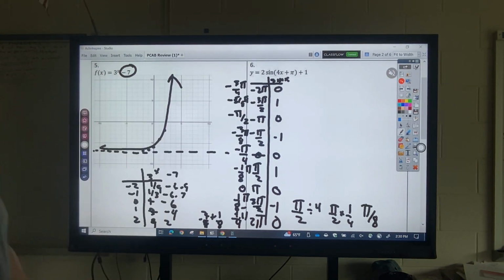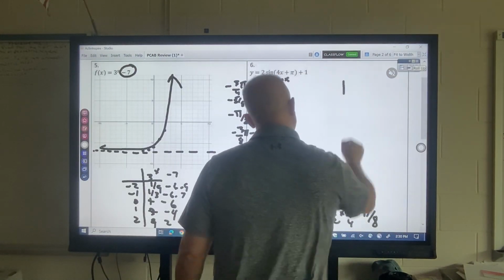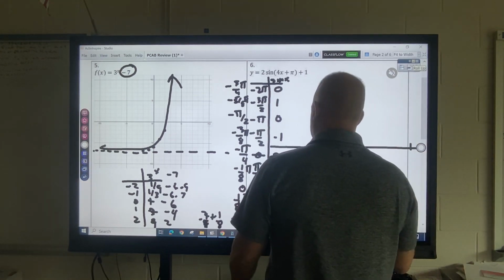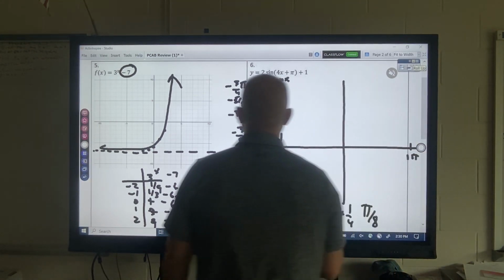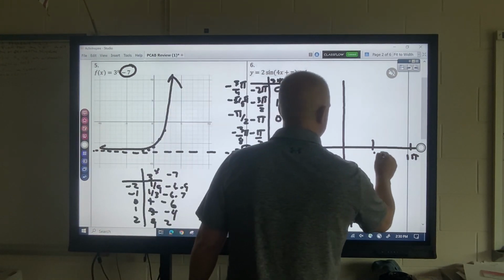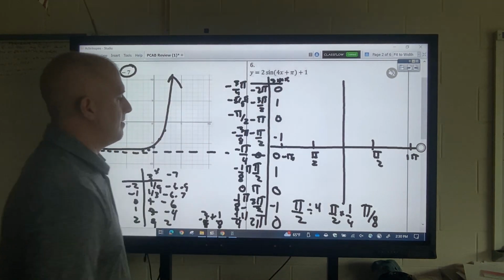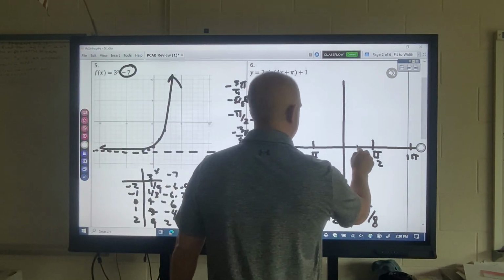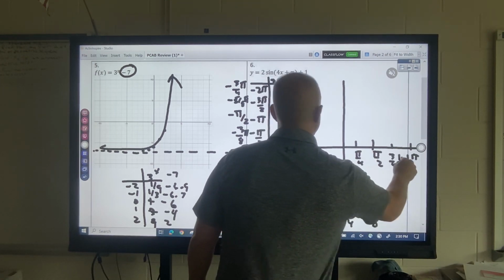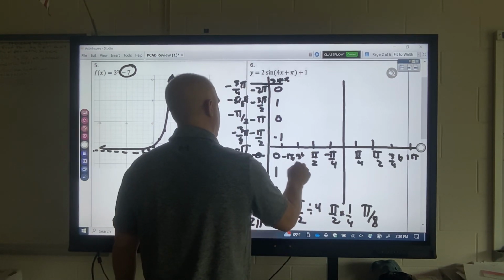Okay, so then what you want to do with your graph, all right, this is going to get pretty messy, but I'll do my best here. Okay, that's going to go from 1 pi to -1 pi. So what I want to do is put it in half, so pi over 2, okay, and then I want to cut it in fourths, so pi over 4, 3 pi over 4, -pi over 4, -3 pi over 4.